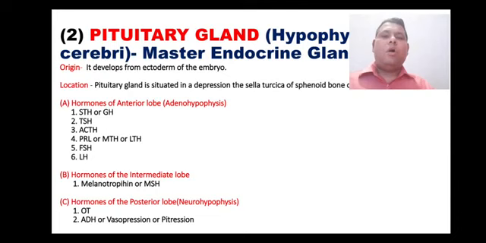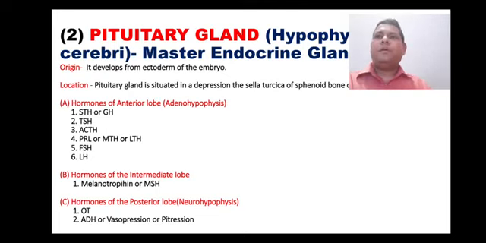C. Hormones of the posterior lobe, neurohypophysis. The secretion of the posterior lobe is known as pituitrin, which contains two hormones: number 1, oxytocin or pitocin; number 2, antidiuretic hormone, ADH or vasopressin.